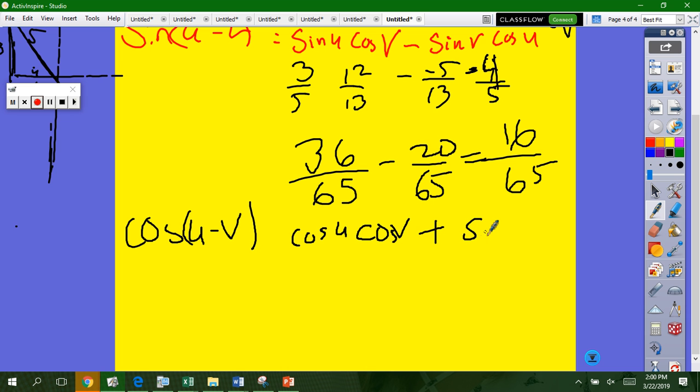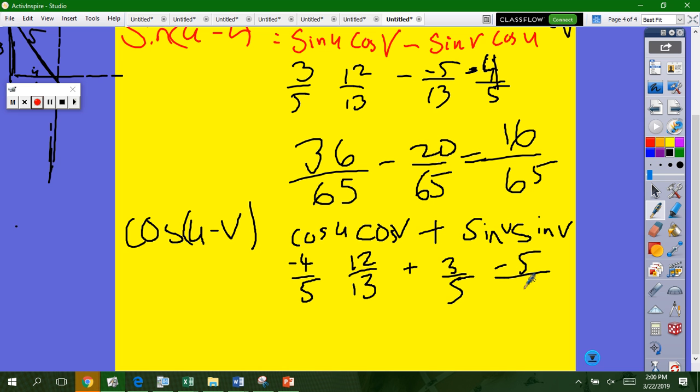Positive. What's the cosine of u? Nope, that was the negative 4/5, right? And then cosine of v was 12/13, plus sine of u was 3/5, sine of v is negative 5/13.